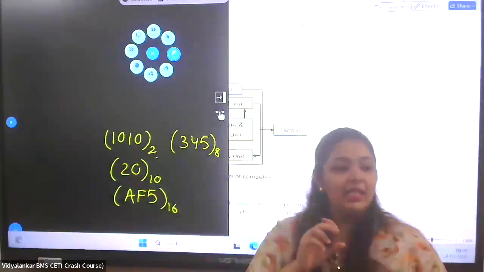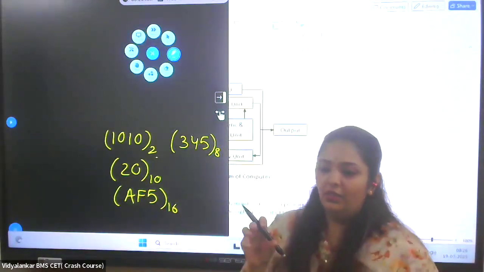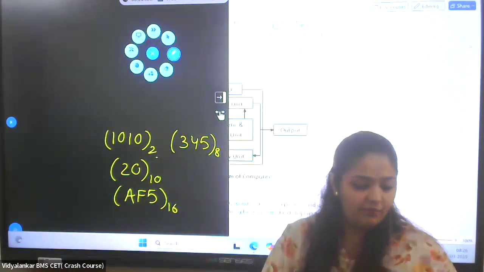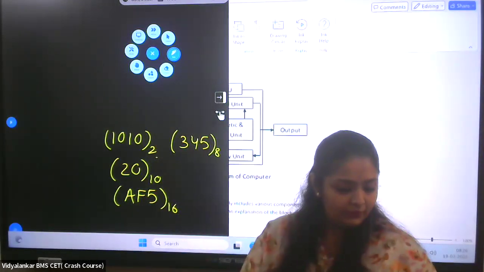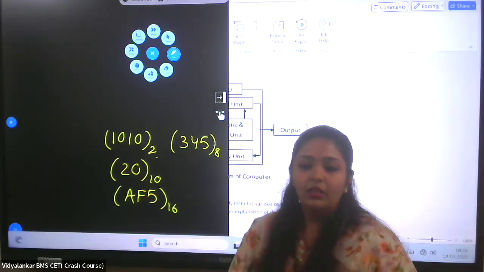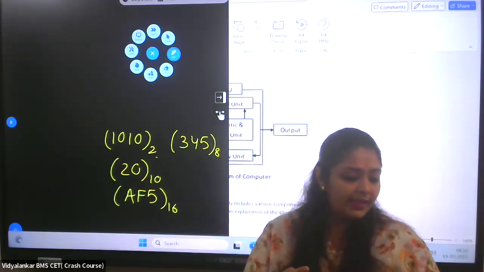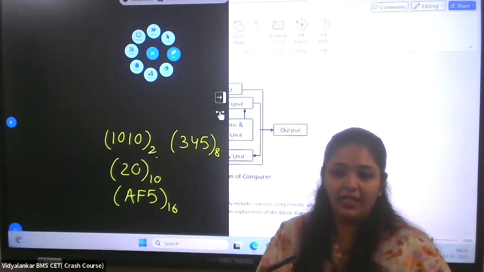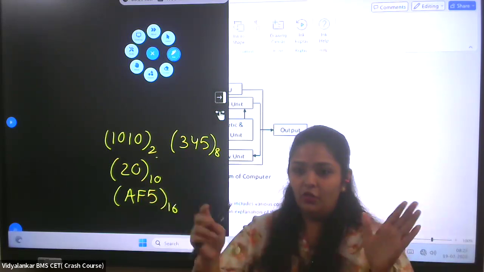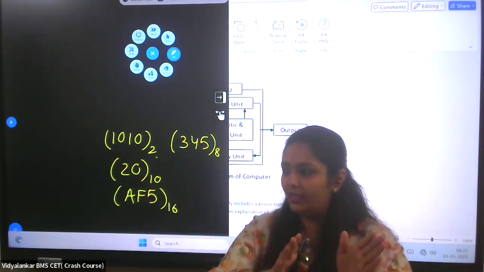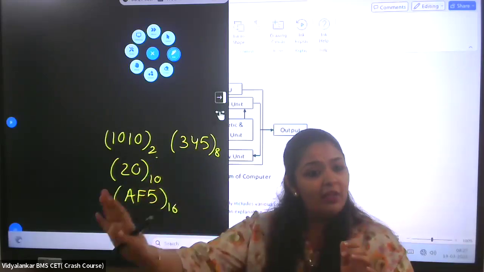Then you can just give the heading as number system. For number system, first one, you can write binary. If you can make 3 columns: first will have the name of the number system, second will have the range, third will have the base.